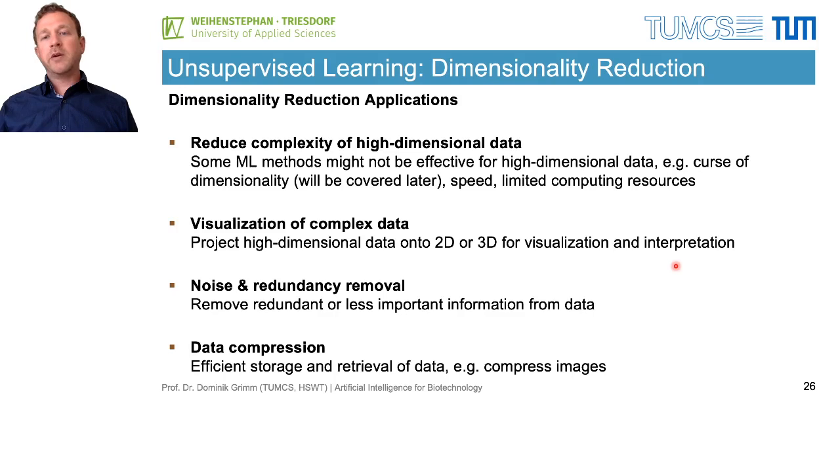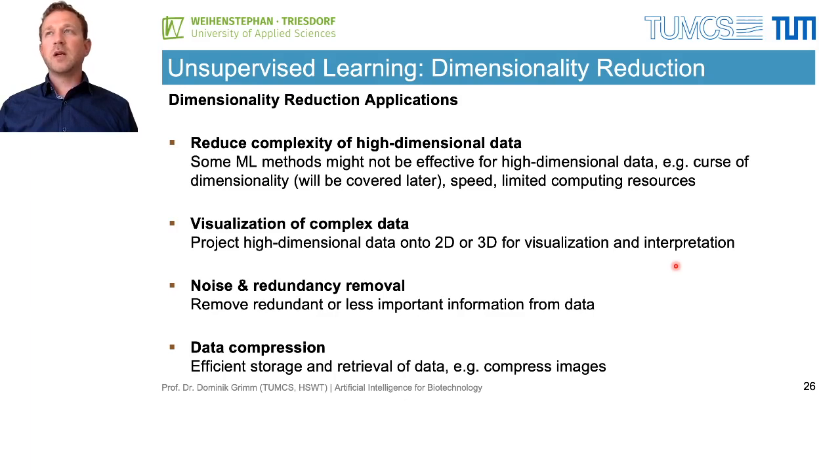Very often, dimensionality reduction is also used to visualize complex data, so that we can project 10 million dimensional data sets down to just 2 or 3 dimensions to get some interpretation. And it's also used to reduce noise or to remove redundant features.